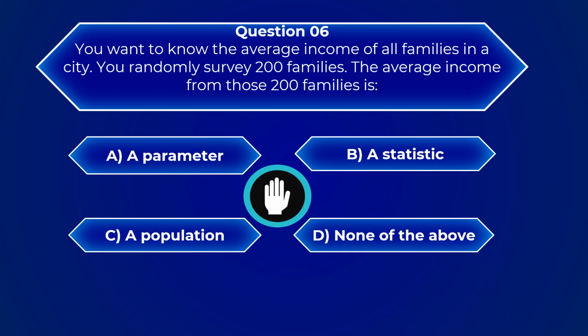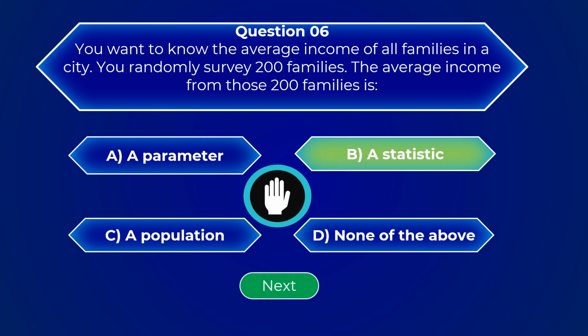So here the 200 families is the sample. So the number that represents the sample, which is the average income, is called a statistic. So the right answer is B, because the parameter is the value that represents population and not the sample.